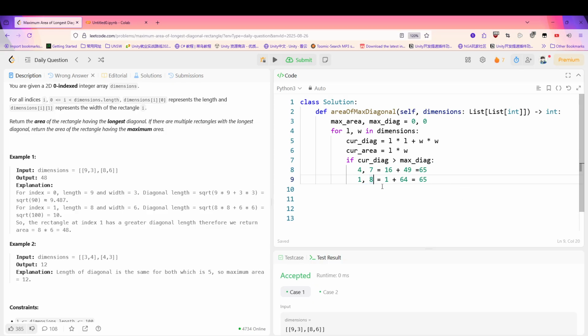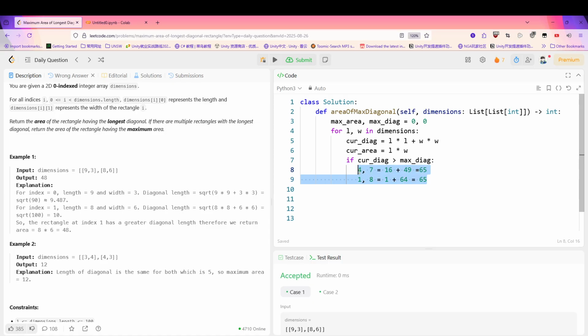So if we meet this situation with a single judgment, we may return the wrong one first, so we get the wrong answer based only on this single if.